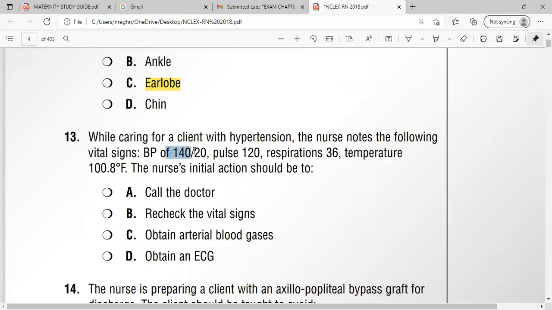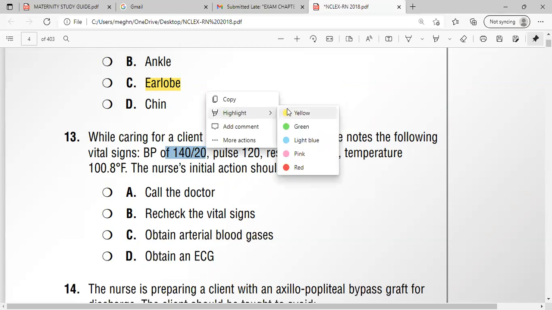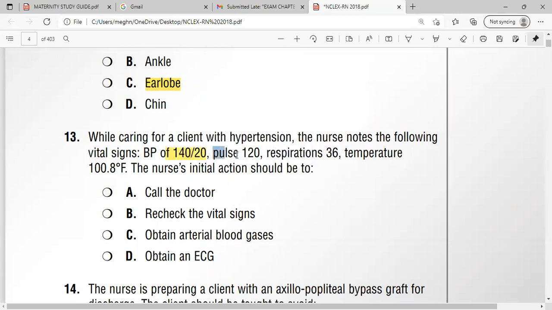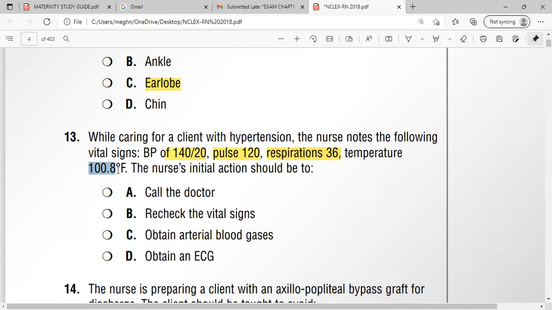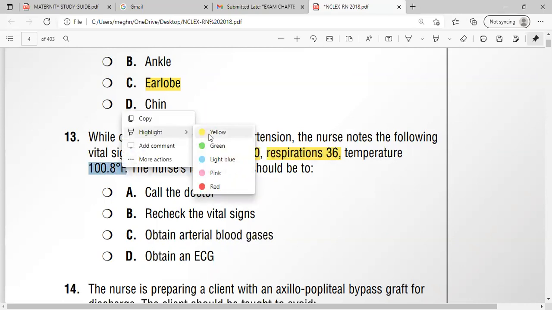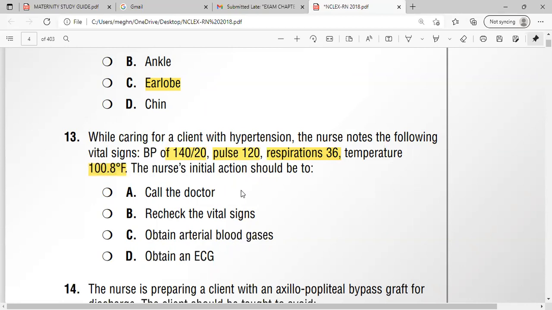You see the blood pressure, systole and diastole, is not normal, particularly the diastole. The pulse rate is also not normal at 120, right? Respiratory rate 36, temperature 104 Fahrenheit. So the vital signs are not stable.